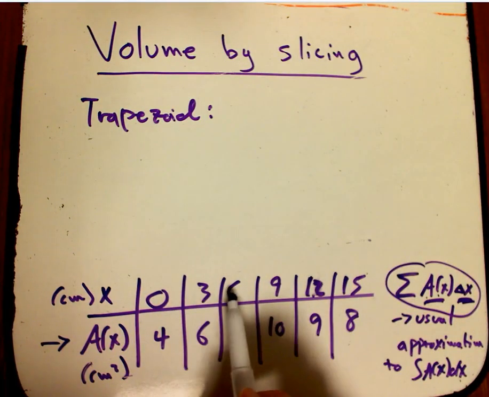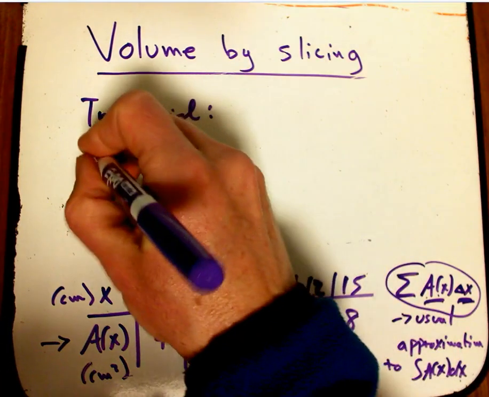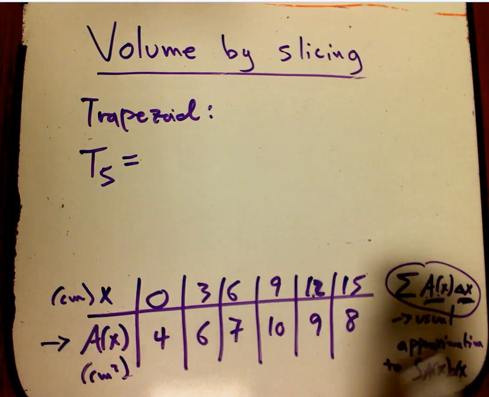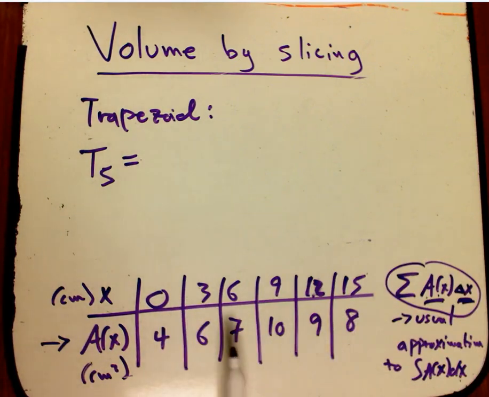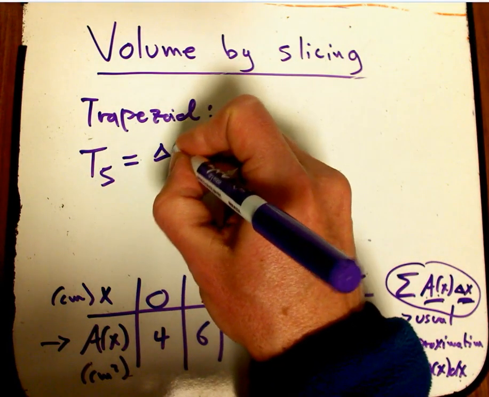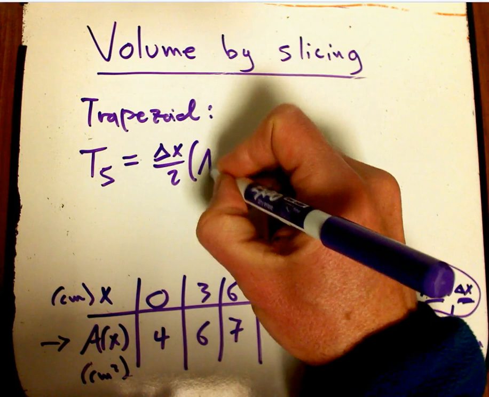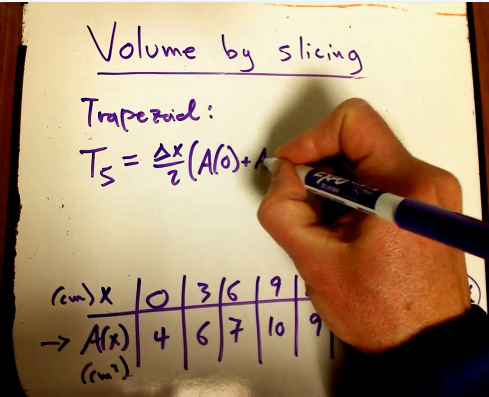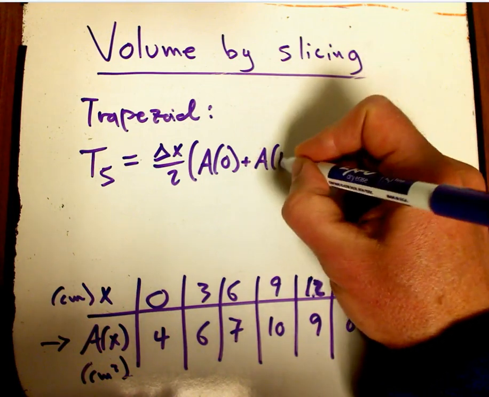We've got 1, 2, 3, 4, 5 subintervals, so we'll call it T5. And now it's equal spacing. You definitely want to be prepared for non-equal spacing, and we'll do examples of that. But this is good old equal spacing, so we can use the shortcut delta x over 2 times that first cross-sectional area and the last cross-sectional area.